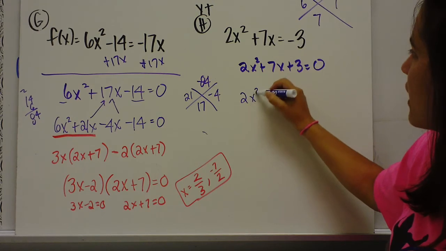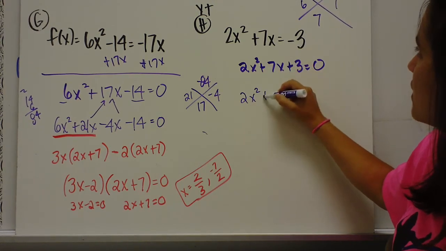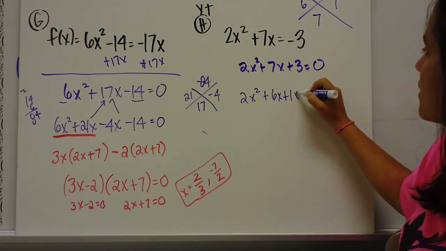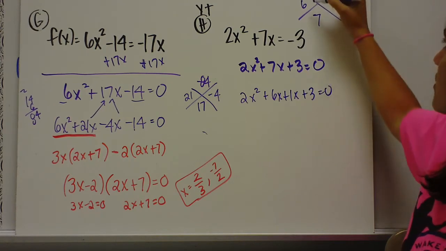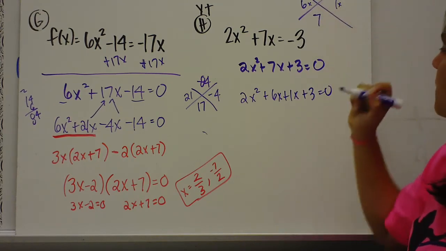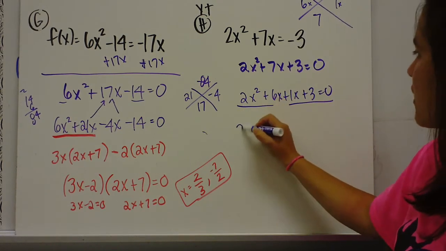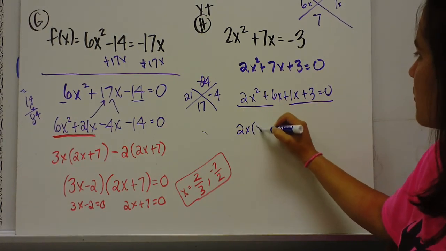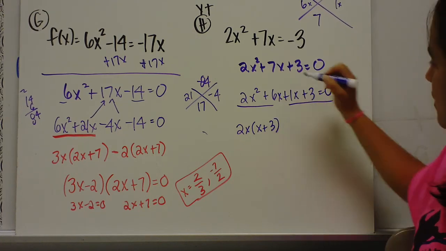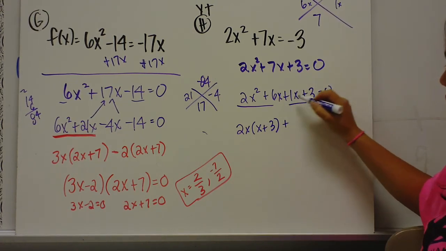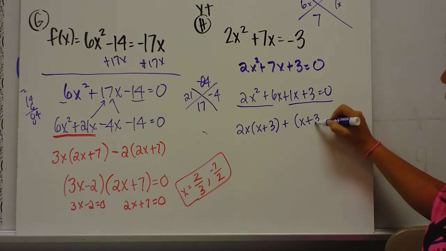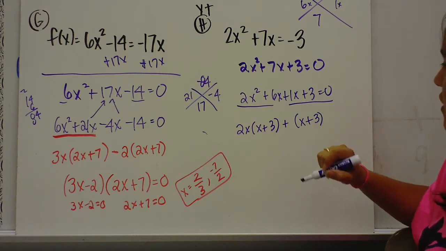So 2x squared plus 6x plus 1x plus 3. So this is like an x right here. And then I need to factor out here. I can factor out a 2x, so I'm left with x plus 3. Plus, right here, I can't factor anything out, so I'm left with x plus 3.